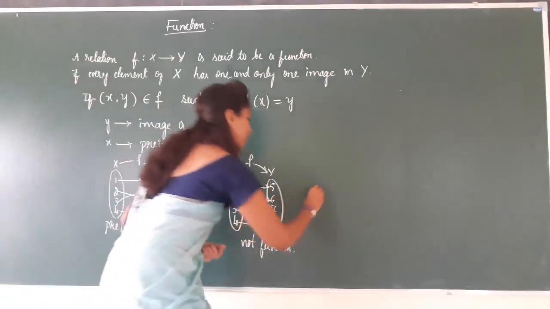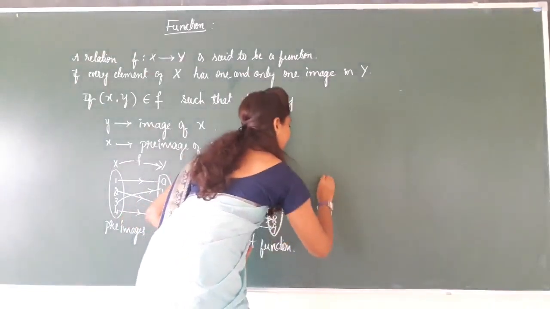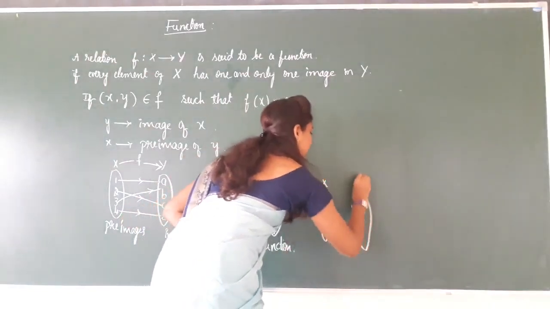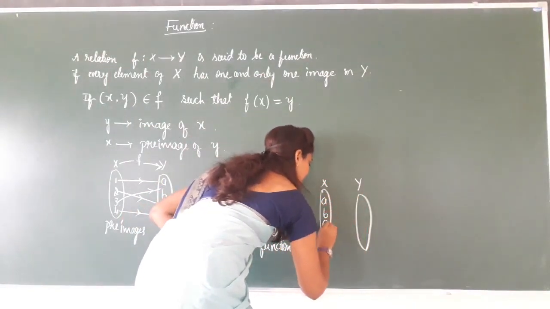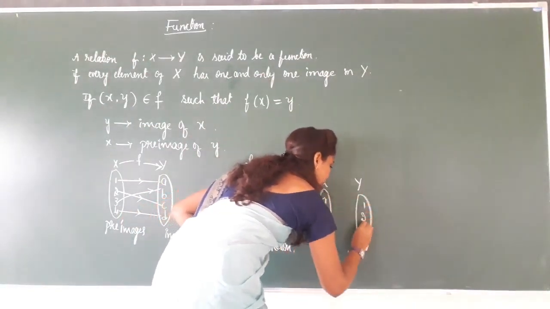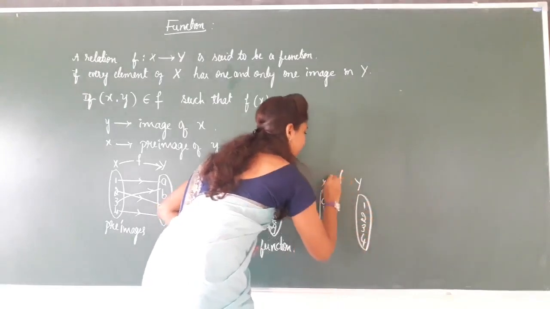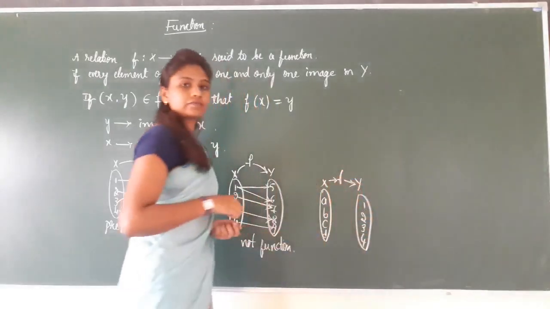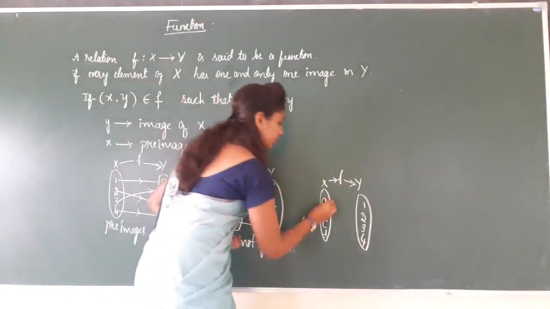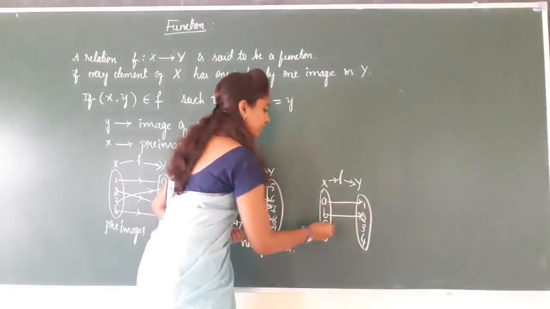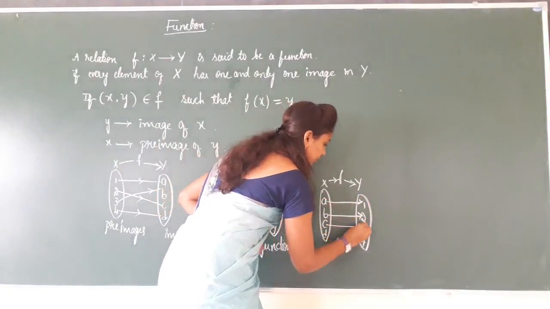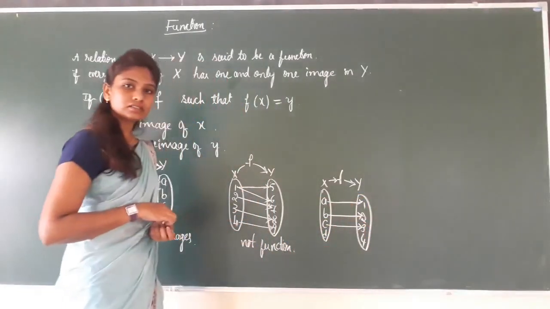Clear? Observe this also. This is set X. This is set Y. Here A, B, C, D and 1, 2, 3, 4. A function from the set X to Y. Observe here. A is related to 1, B is related to 1, C is related to 3. Is it a function?